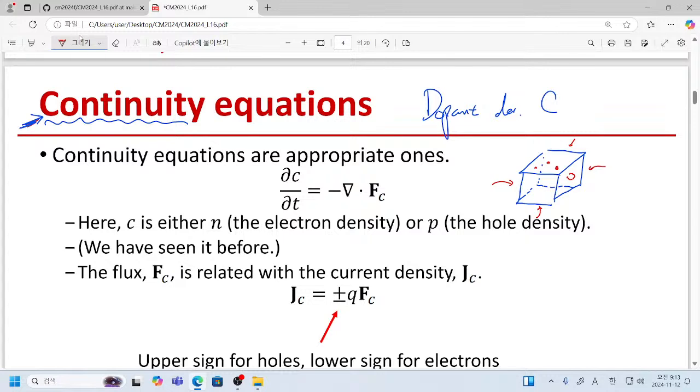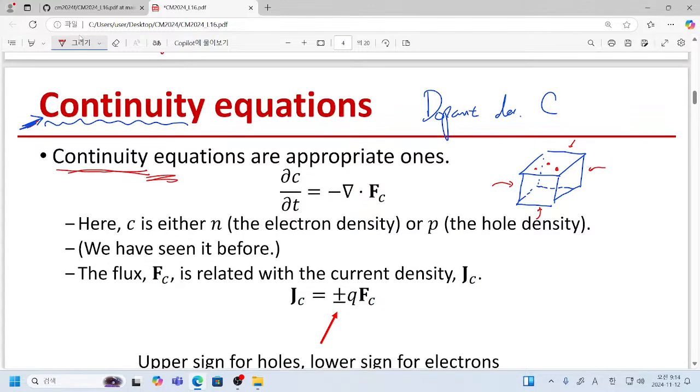The continuity equation in this form simply means that if we don't have generation or recombination of particles inside our system, then the only remaining physical mechanism to change the number of particles is a physical movement in the real space.